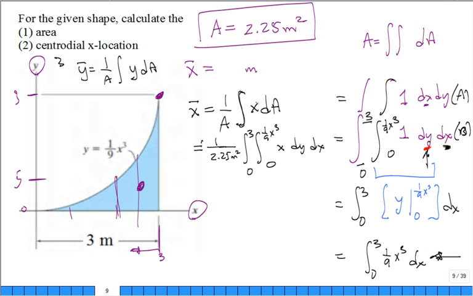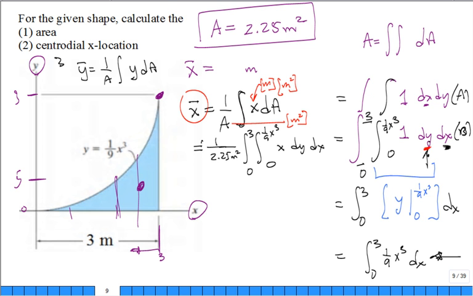And if you check your units, what is the SI typical unit for length? Meter, right, for x. And then dA would be meters squared. And then you divide by meters squared. And what is the unit of x bar? Meters.